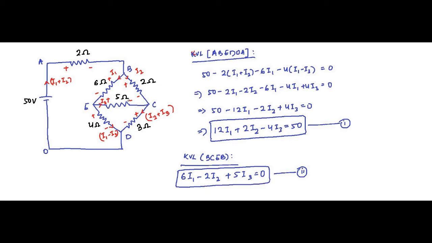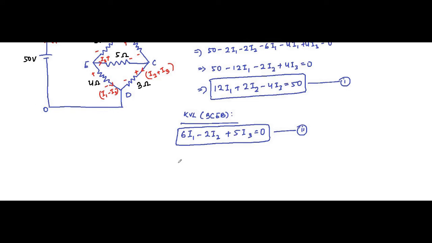Then let's apply KVL in this loop ECDE. That will be minus 5I3 minus 3 into (I2 plus I3) plus 4 into (I1 minus I3), that is equal to 0.